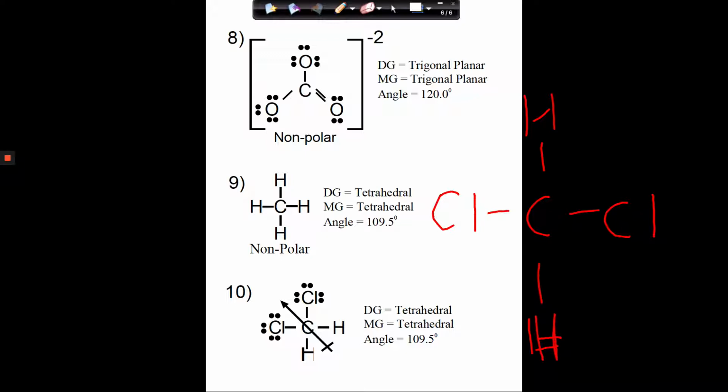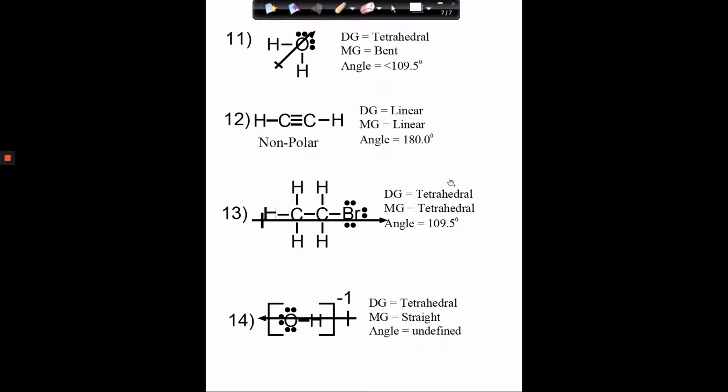You could do it like this, with chlorines and hydrogens, but then the arrow would be coming out of the board, and that's really hard to draw. So reorient it so you can draw the arrow in the plane of the board. Is that okay? So guys, are we good through 10? Good there? Okay. Then boom, and boom, and boom, and this is the rest of them.